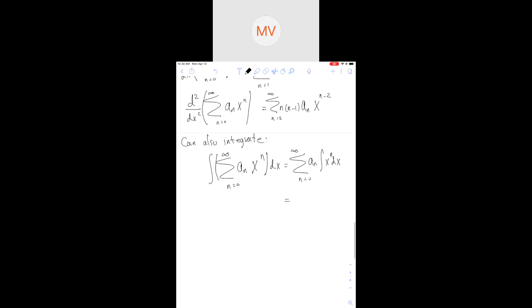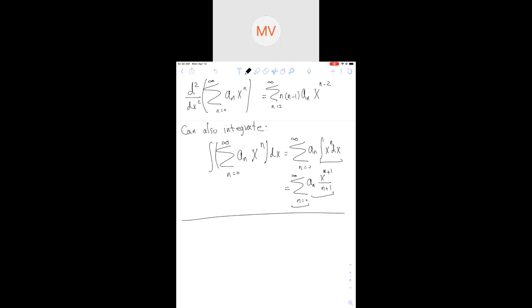What's that integral? It's the power rule, x to the n plus 1 over n plus 1. So here you keep it starting from 0 because it doesn't cause any problem. Okay?